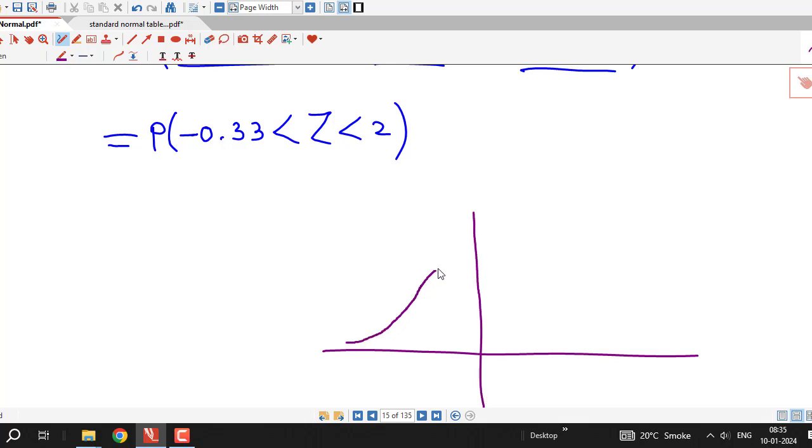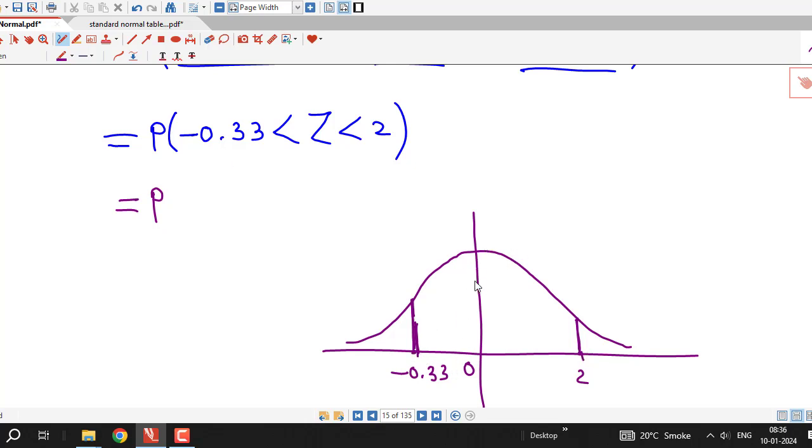Suppose this is our standard normal curve, and suppose this point is 0, say this point is 2, and negative 0.33 is somewhere here, and we are interested in the area between minus 0.33 and 2. Now we are given this area, probability that Z lies between 0 and 2, and that is given. So this I can rewrite as that Z lies between minus 0.33 and 2.